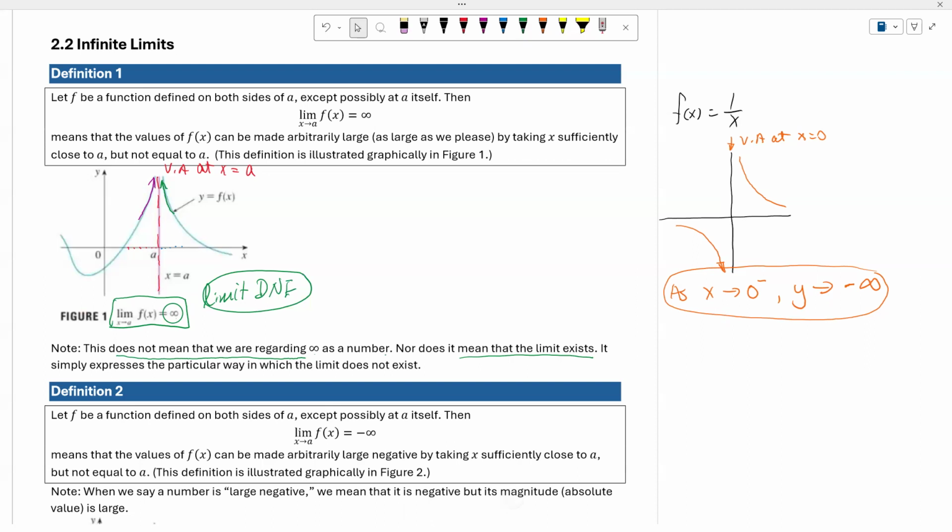So therefore, the limit does not exist. However, this limit describes the behavior of the function: when x approaches a from the left and from the right, the function output gets arbitrarily large, bigger and bigger to infinity.